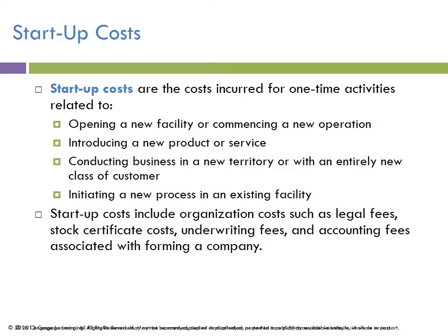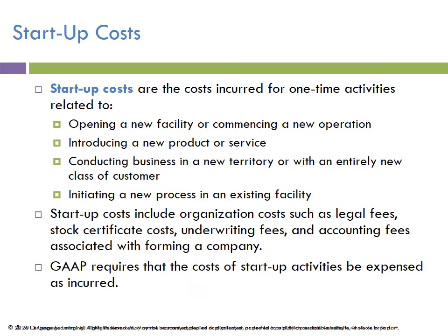Startup costs include organization costs such as legal fees, stock certificate costs, underwriting fees, and accounting fees. GAAP requires these be expensed as incurred, so there's no asset created by these types of costs.